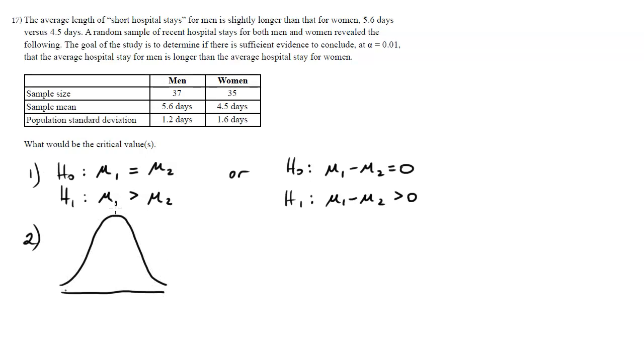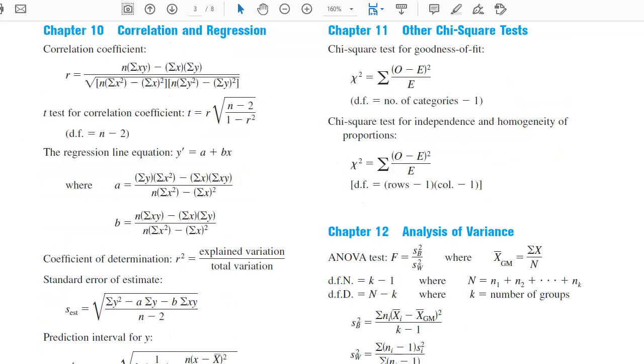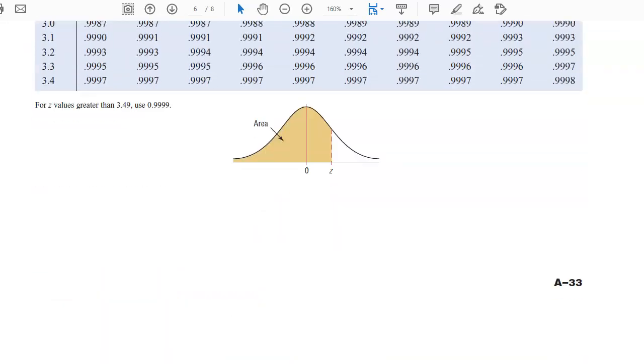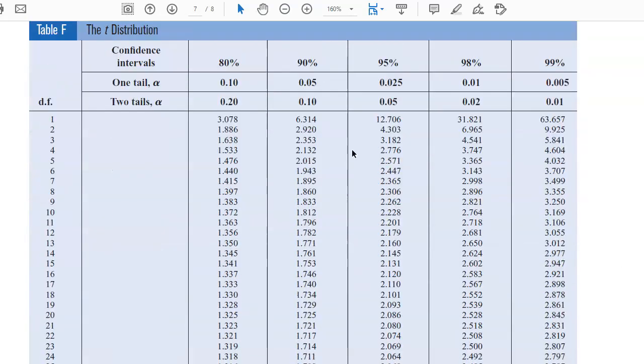Now this is a greater than, mu1 is greater than mu2, so that's a right tail test. Right, one tail to the right. I want to determine this critical value. This alpha here should be 0.01. So let's go to our formula sheet. 0.01 right tail test. Go down to the t-distribution.